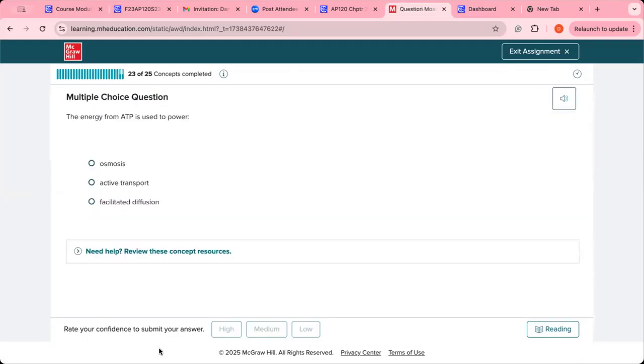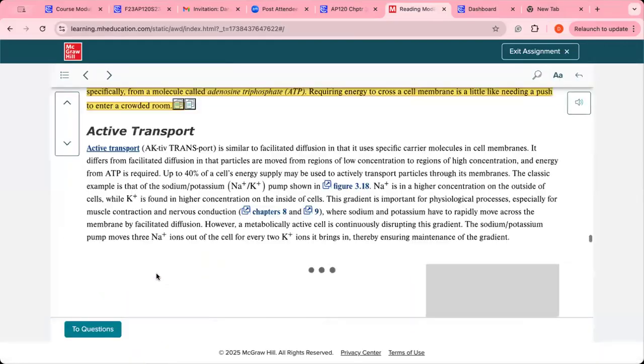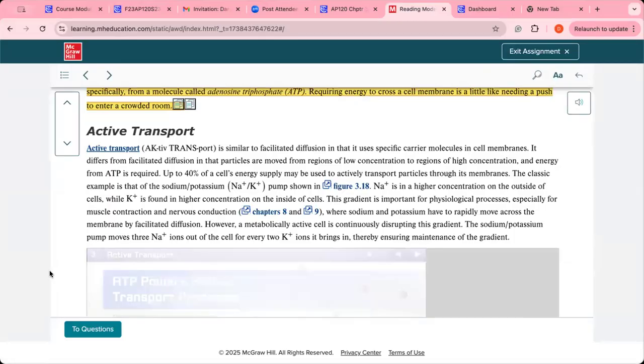The energy from ATP is used to power what? So when we need ATP or we need energy, you can read about it if you need it. We just answered a question about this. Okay, so active transport is similar to facilitated diffusion in that it uses specific carrier molecules.